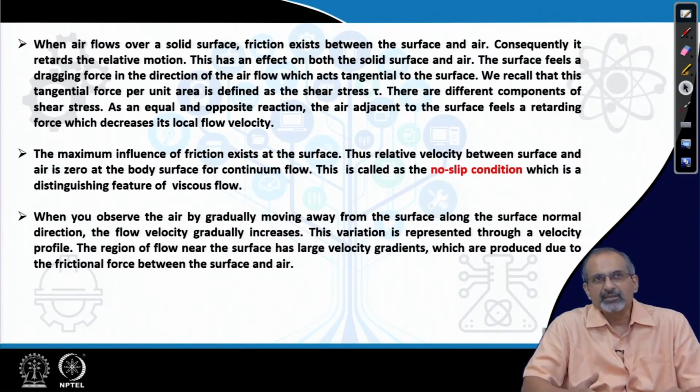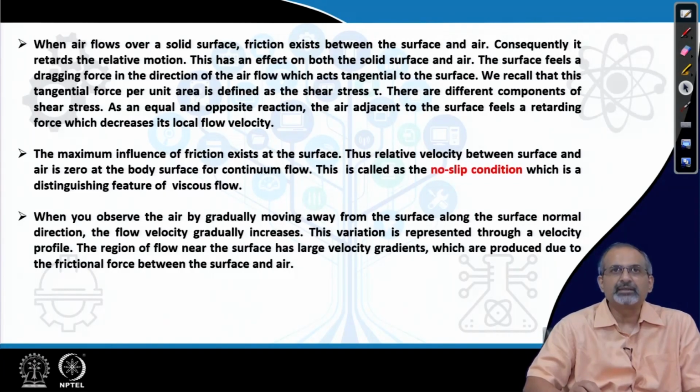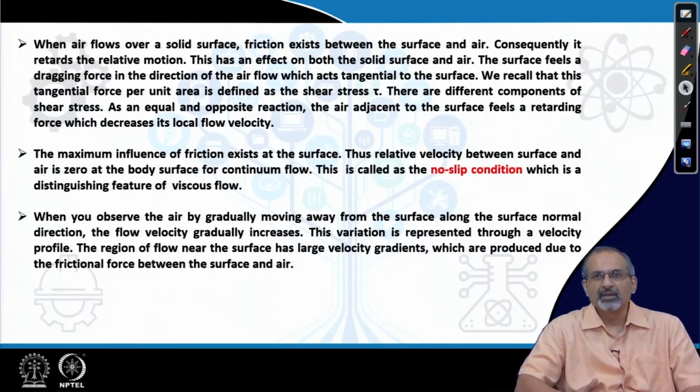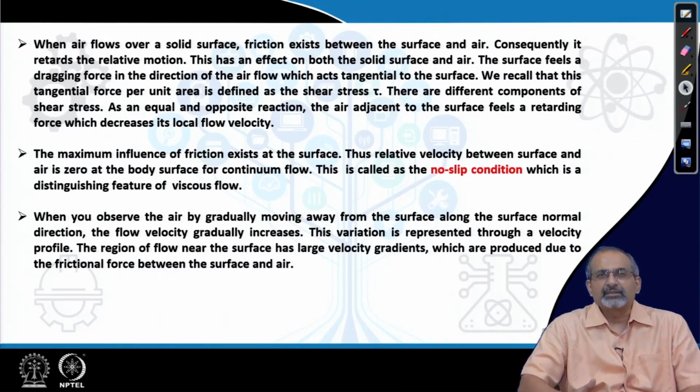And we recall that this tangential force per unit area is defined as shear stress, which we designate by tau. And you may also recall that there are different components of this shear stress, like tau xy, tau yz, tau zx, and so on. An equal and opposite reaction is felt by the air which is adjacent to the surface, and thereby its flow velocity decreases.